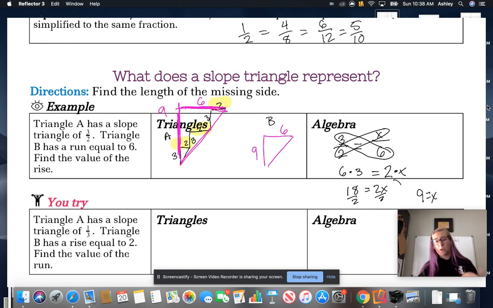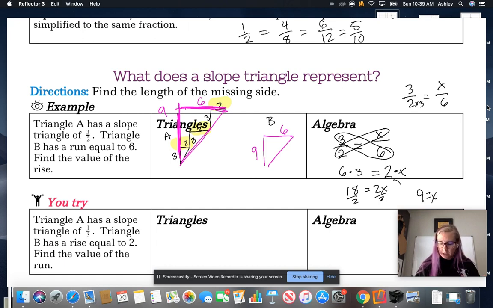Again, if we drew our slope triangle, we get the same exact thing. This will match algebraically. The other way to look at these, and this does not always work, but it's a good way just to check your thinking, is that these need to be equal. So what would I do to 2 to make it 6? I'd multiply by 3.